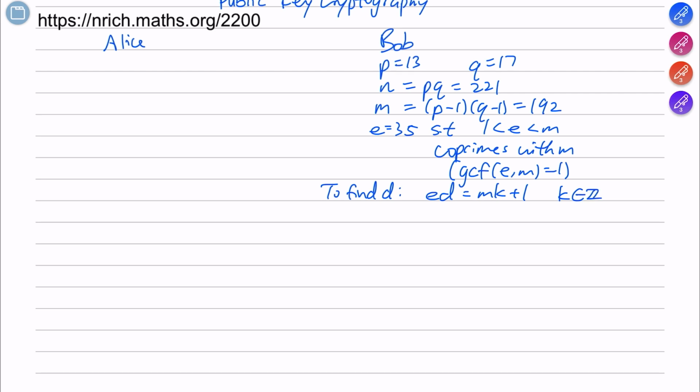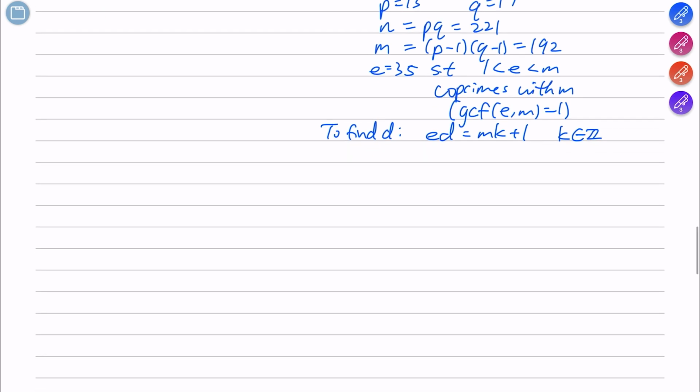So MK means a K multiple of M. So what this means, plugging in the numbers that we know so far, 35D is equal to 192K plus 1. In other words, it is equal to 1 mod 192. So plugging it into a calculator online, we can find a D equal to 11.